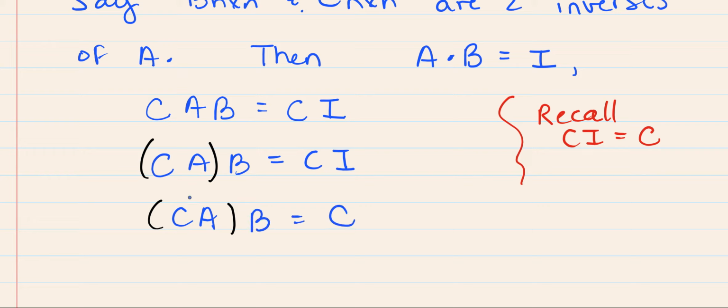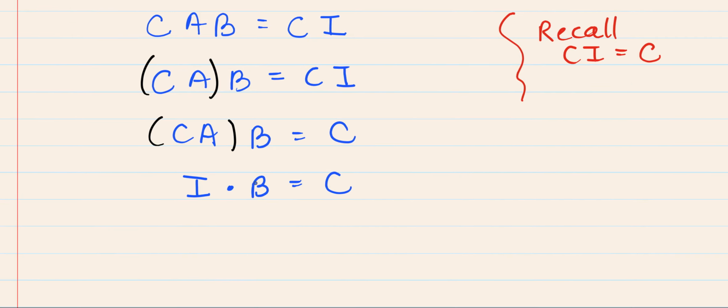And now C times A, well remember that C is an inverse of A. And since it is an inverse, that means C times A is going to be equal to the identity matrix. So we have the identity matrix times B is equal to C. And the identity matrix times any matrix is that matrix, so B is equal to C.